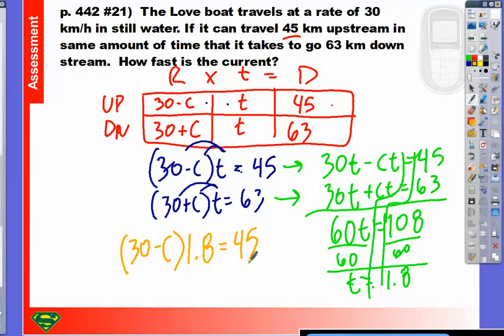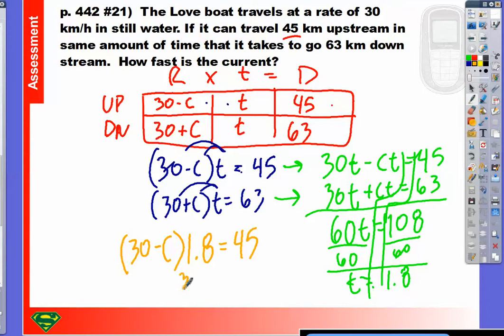The easiest way to do this is to divide both sides of the equation by 1.8. So you get 30 minus C is going to be equal to 25. Let's just go ahead and do it.